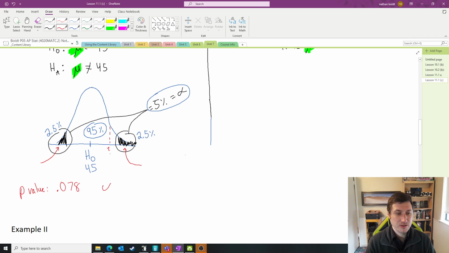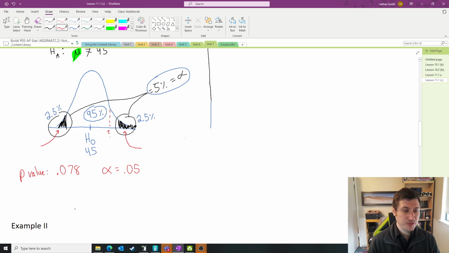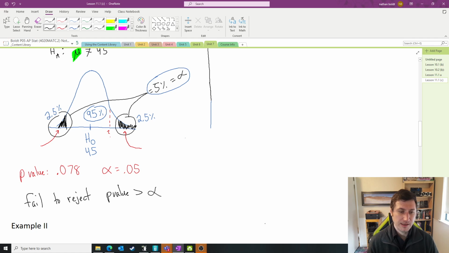We compare that to our alpha of 0.05, which, bigger than alpha, right? Which means we fail to reject, because our p-value is greater than alpha.